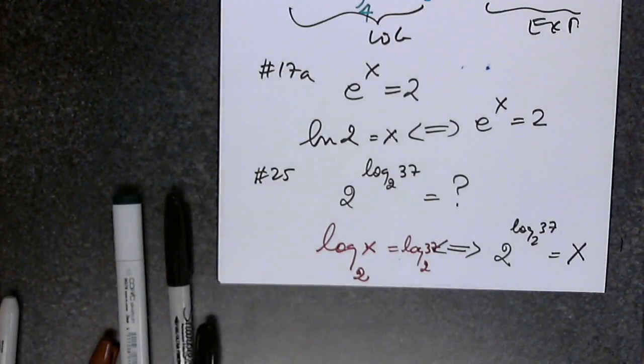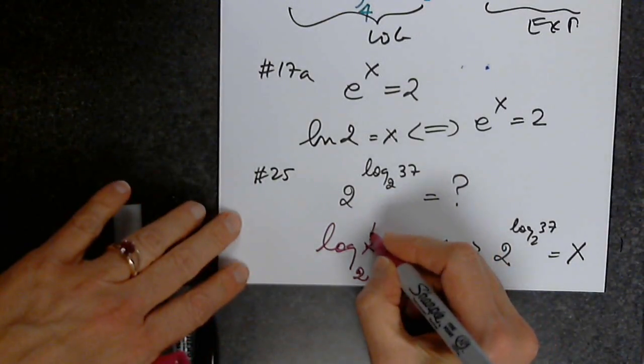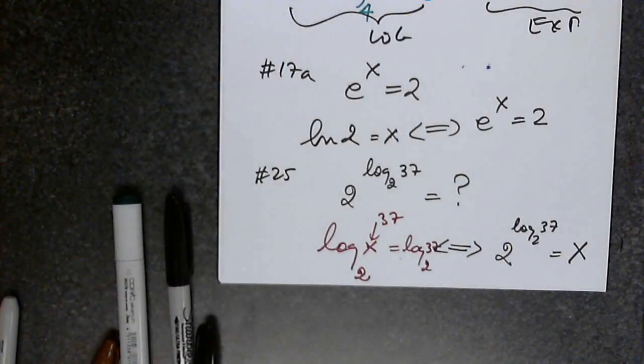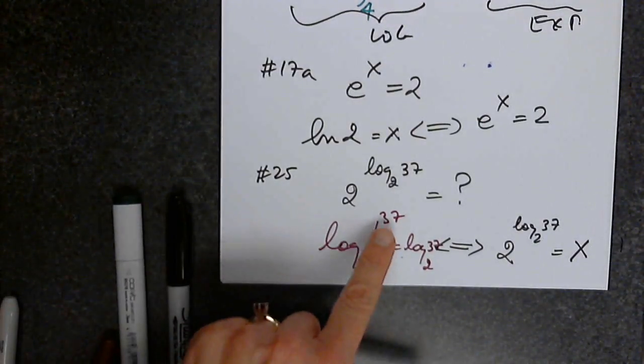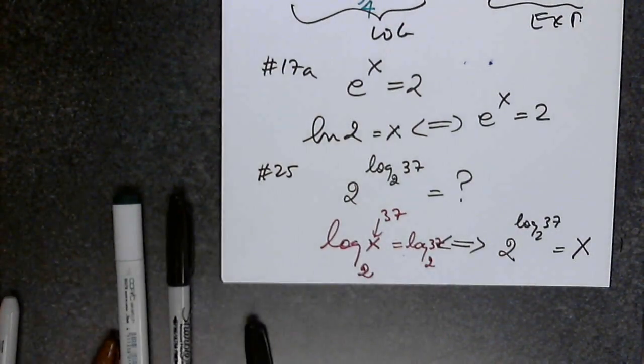I cannot find 2 different x values that will give us the same result. So there is only one possibility for x. What is that possibility? It must be 37. Only log base 2 of 37 equals log base 2 of 37. Right? Clear? So then what is the answer?